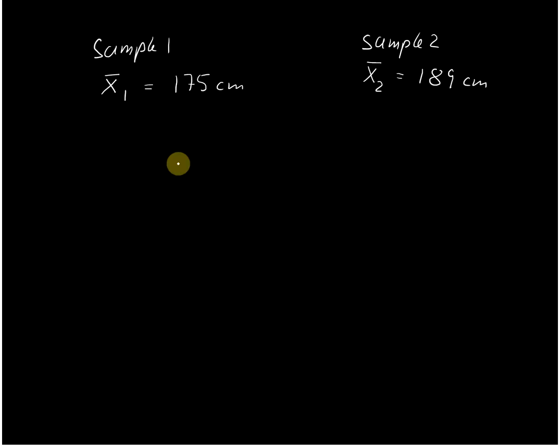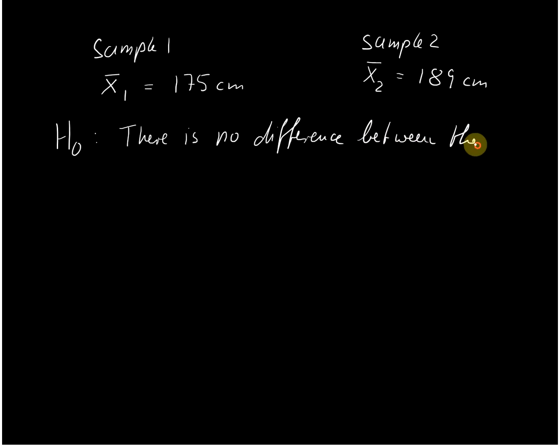So the first thing that we set up is the null hypothesis, so H naught in this case, and H naught is always written as: there is no difference between the sample means other than due to sampling error.